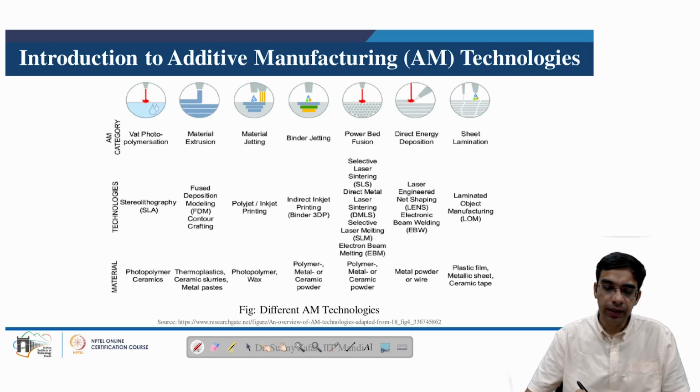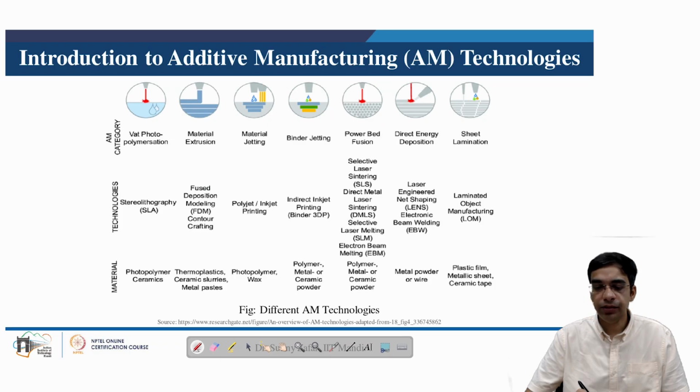All these techniques are applicable to the different types of engineering materials available. For example, vat photopolymerization is applicable to photopolymers and some ceramics. Similarly, material extrusion is utilized for thermoplastics, ceramic slurries and metal pastes.